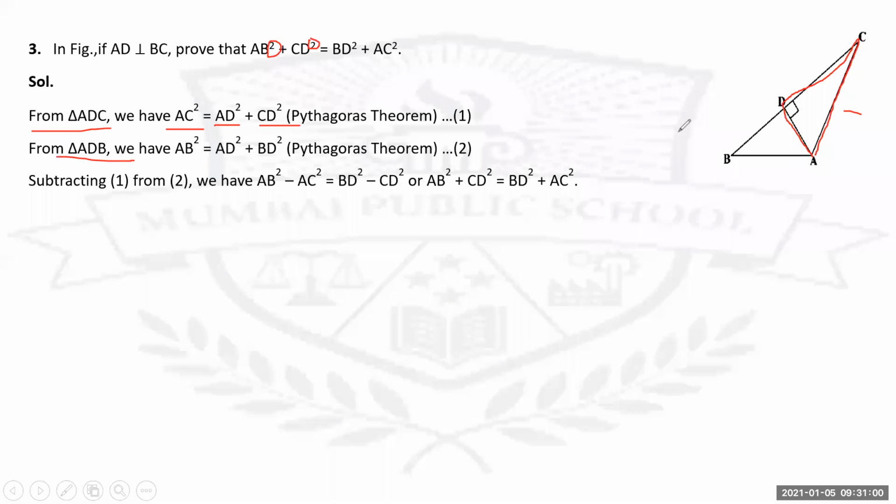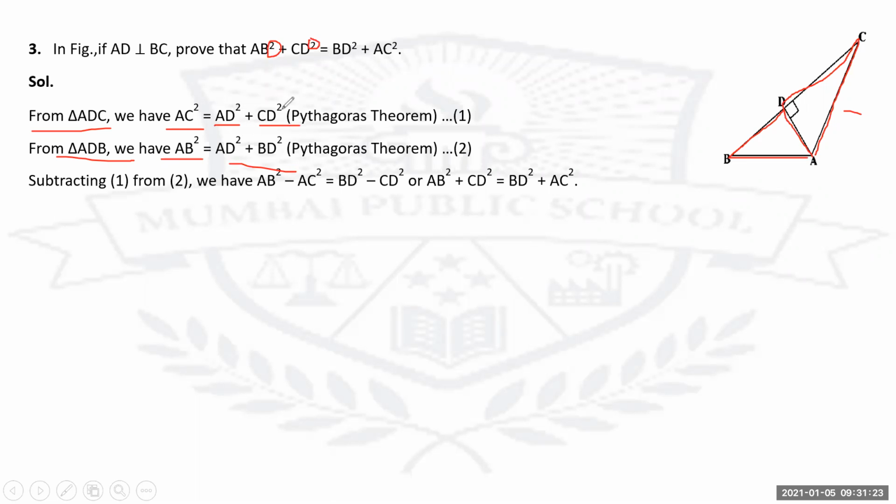From triangle ADB, you've got AB square equals AD square plus BD square. You want AB square plus CD square equals BD square plus AC square.